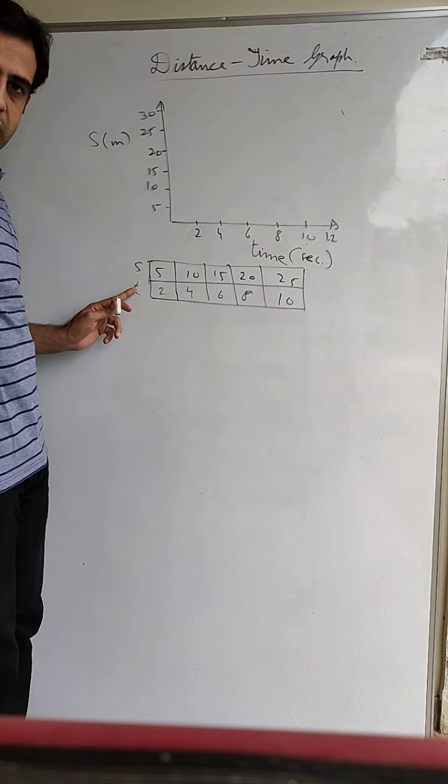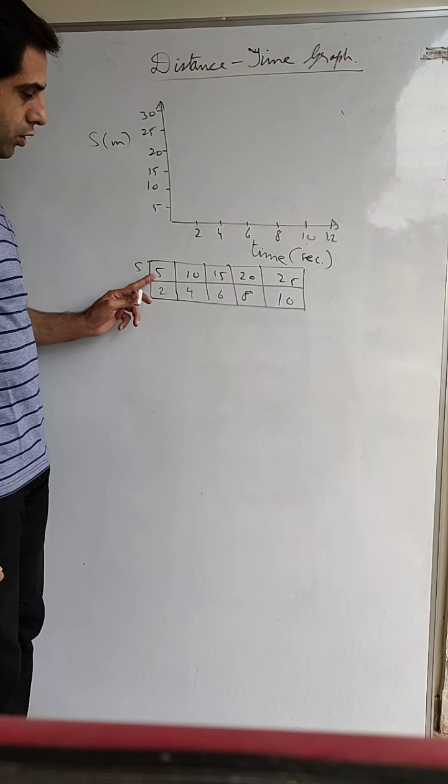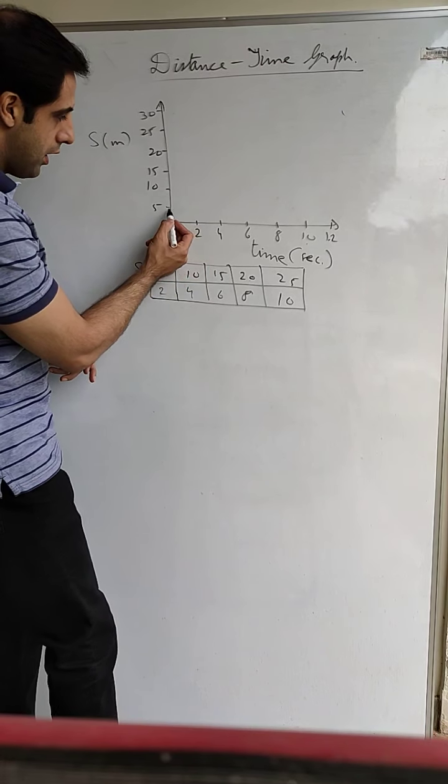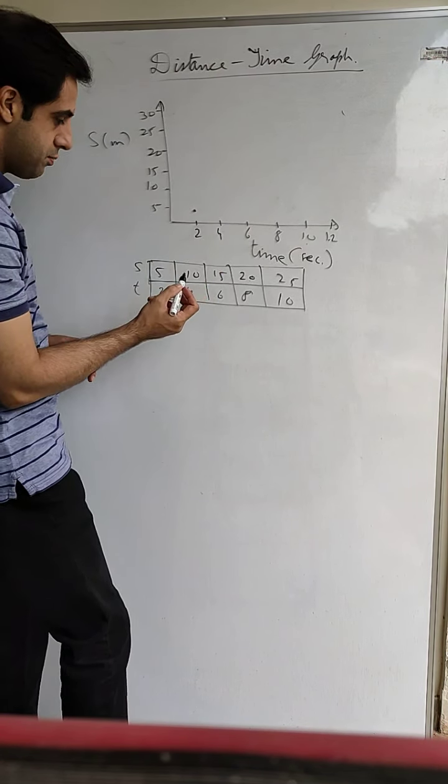Okay, now the first set of points: the x coordinate is 2 and the y coordinate is 5. So at 2 and in front of 5, this is our first point.